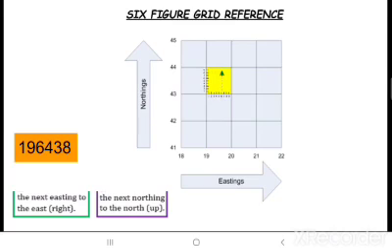Then I will take the northings, that is 43, and in the same manner if I take the sub points, it is coming around 8. So my grid reference for that would be 196438. That is 196438. This would be the 6-figure grid reference of that particular green arrow point. I hope, children, it's clear to you all.